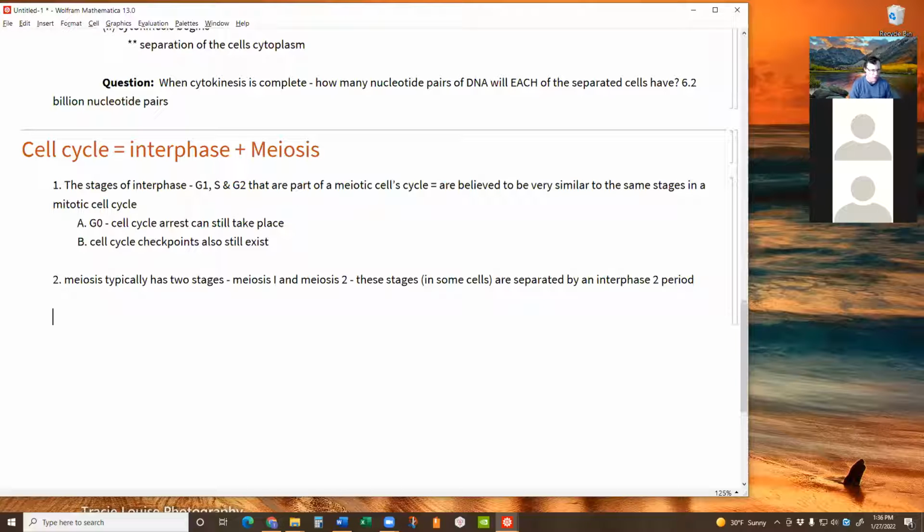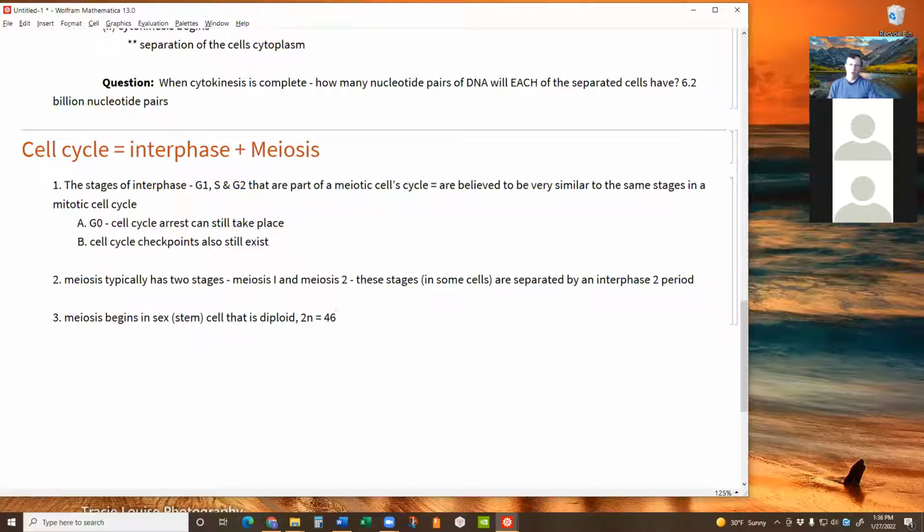Okay, so meiosis begins in a sex stem cell that is diploid, right? It's diploid. It's 2n equals 46.